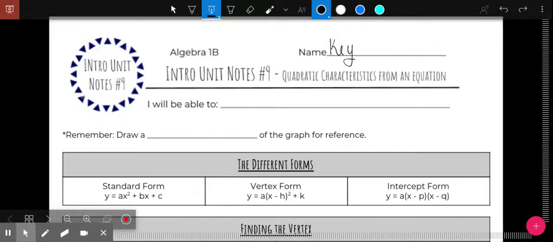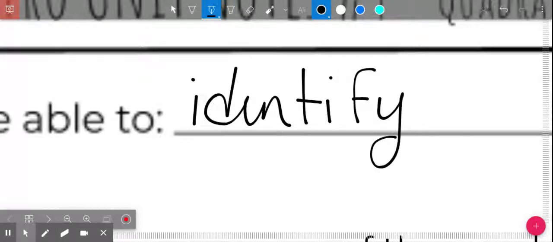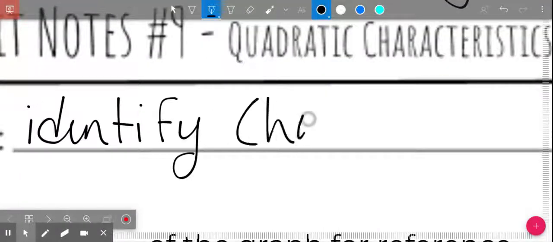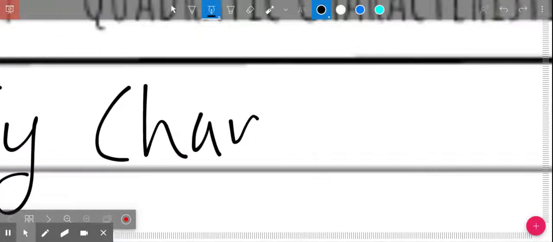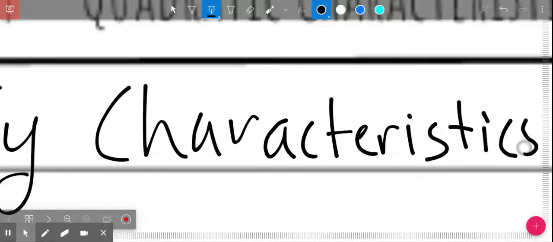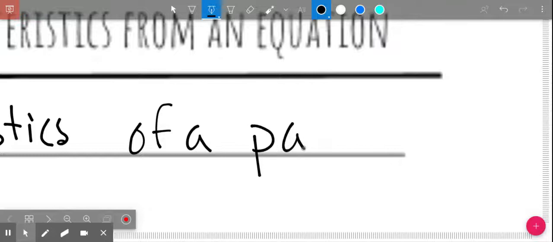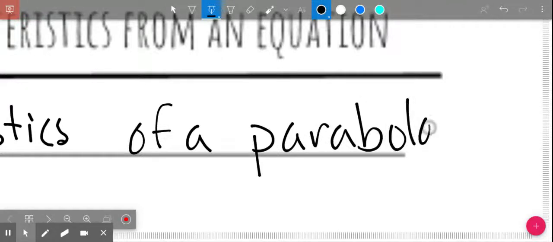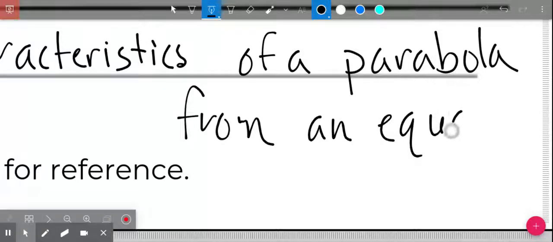So our goal today is that I will be able to identify characteristics of a parabola from an equation. That's going to be our goal today.